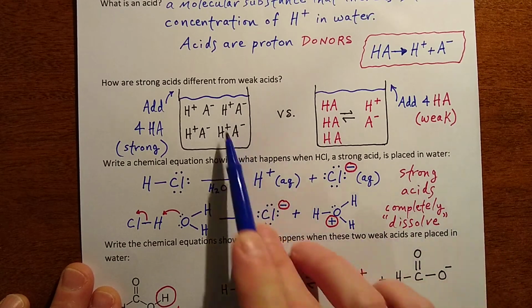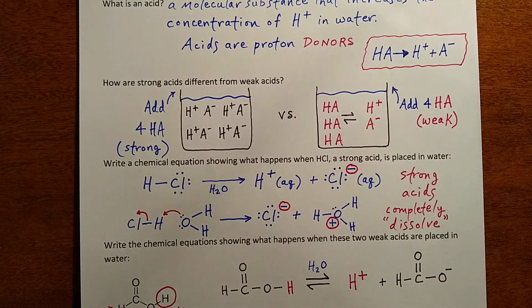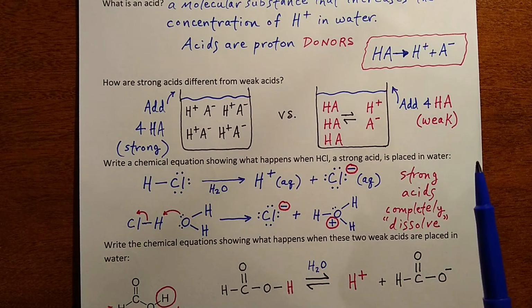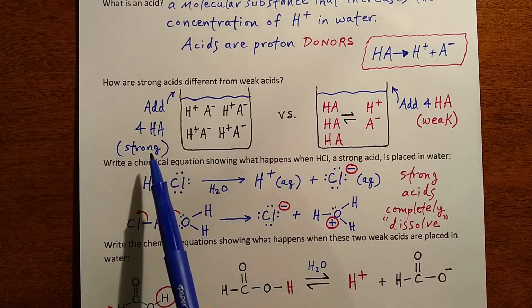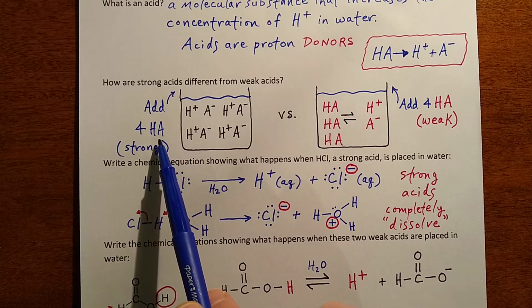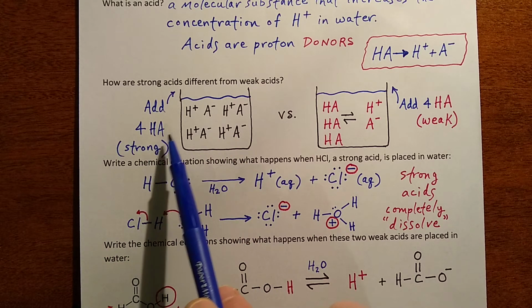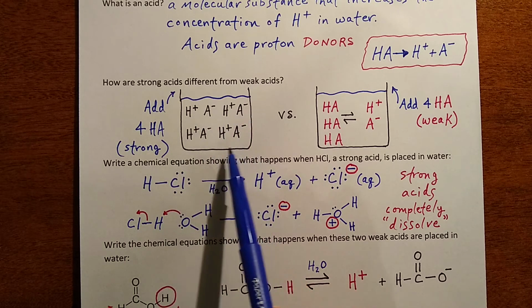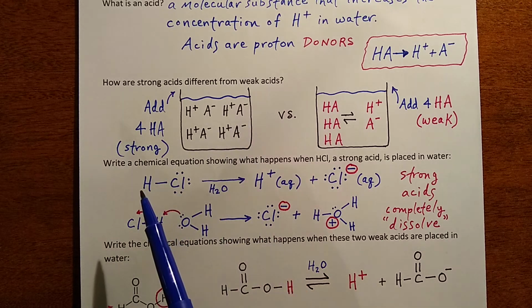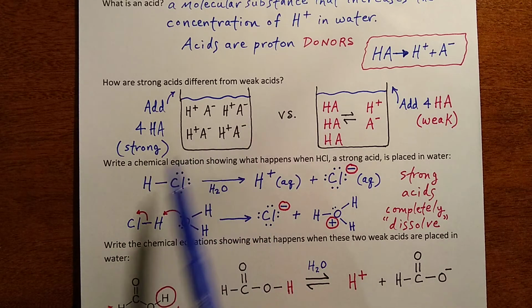So in this diagram here, we can represent visually the difference between a strong acid and a weak acid. If you add in 4 moles of HCl, for instance, you would get 4 moles of the protons and 4 moles of the chloride ions, represented here as A-. So that's your 100% dissociation.